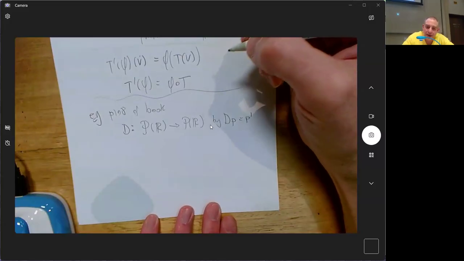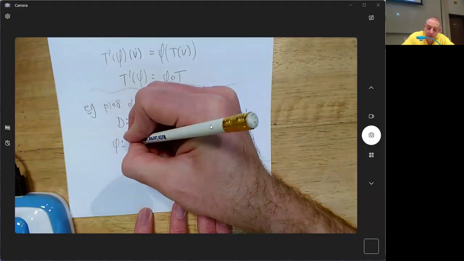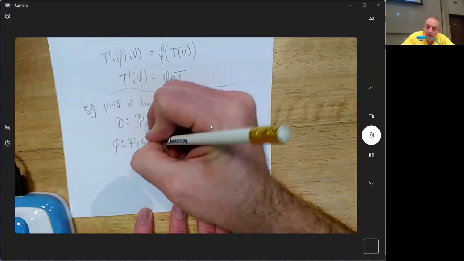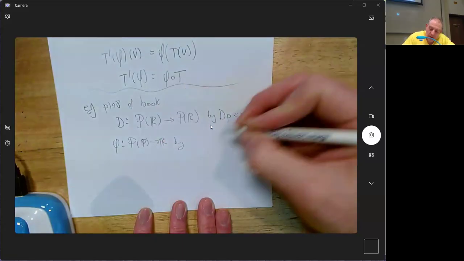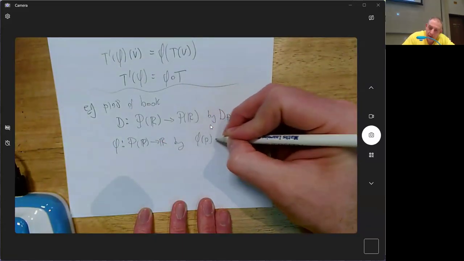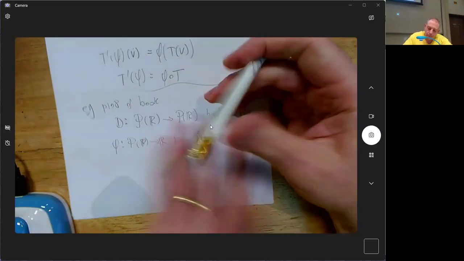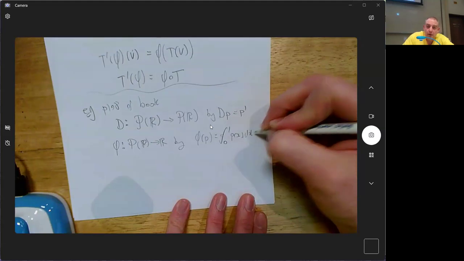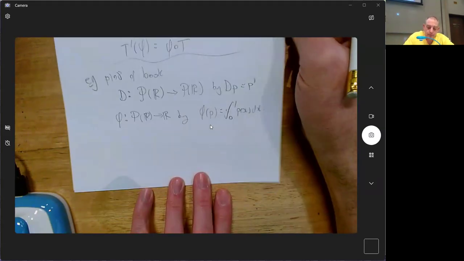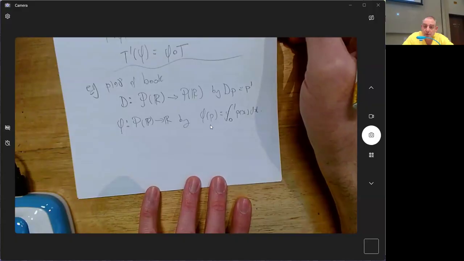I just want to do the second part of this example. So phi sends P(R) to R by phi of p is the integral from 0 to 1 of p(x) dx. So we want to know what D dashed of phi is, right?